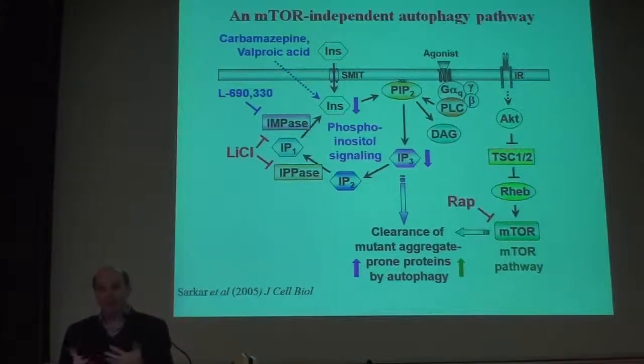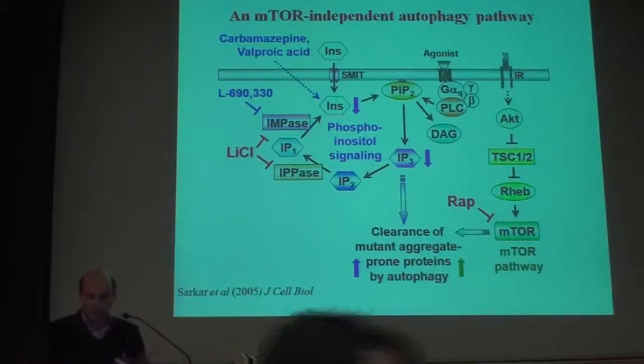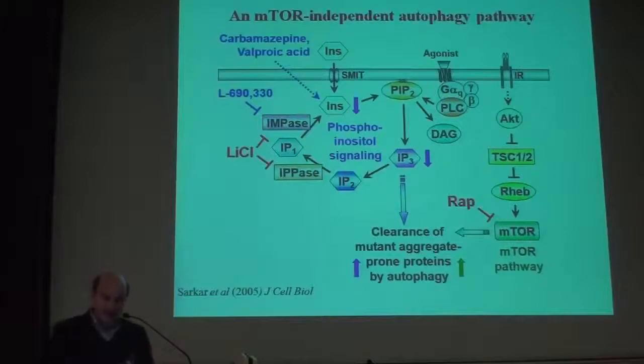Now, although rapamycin is widely used, it's not like taking half an aspirin a day. So we wanted to see if we could find safe and possibly more specific drugs to modulate this pathway. And so we've taken a variety of approaches. One is to take target compounds, or from, in this case, data that we generated in the lab ourselves. The other is to do genetic screens.